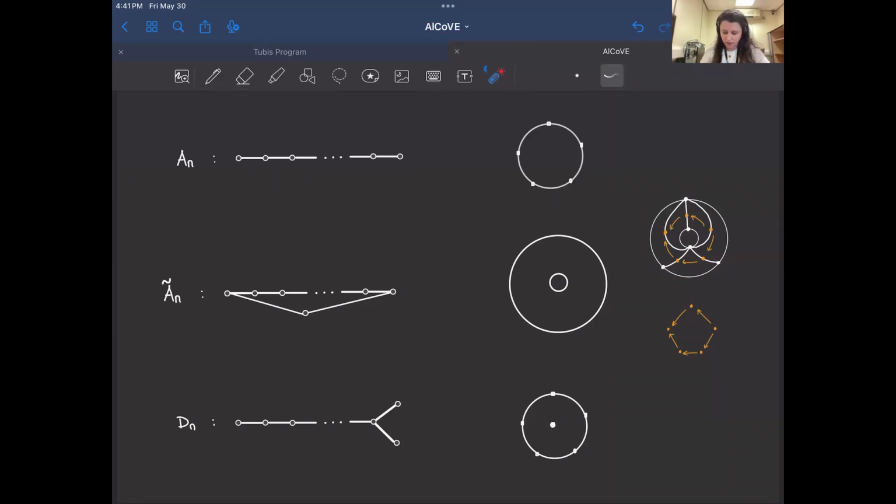If you fix it, you have your directed graph. And yeah, so this is cool. Then you can go to algebras, you can go to combinatorics, you can do interesting stuff.